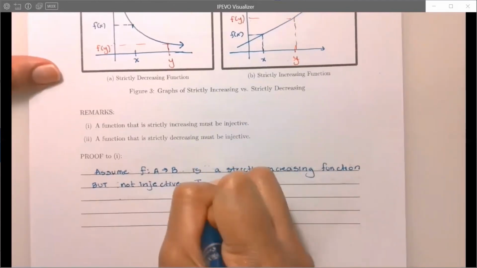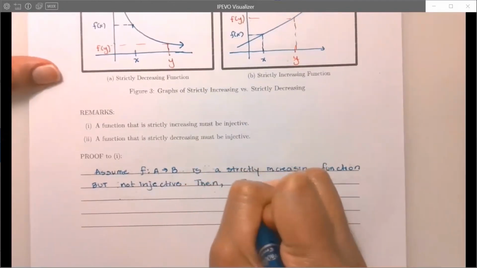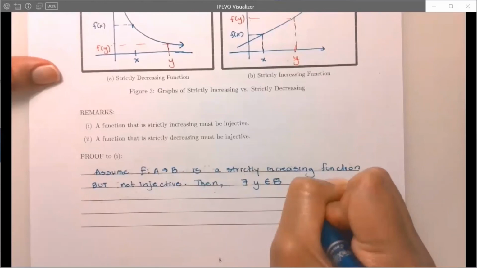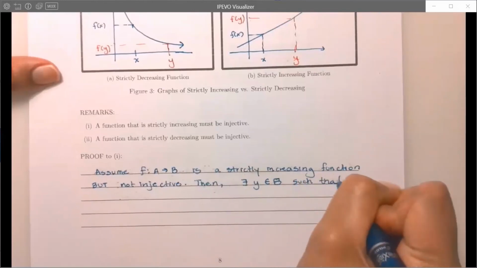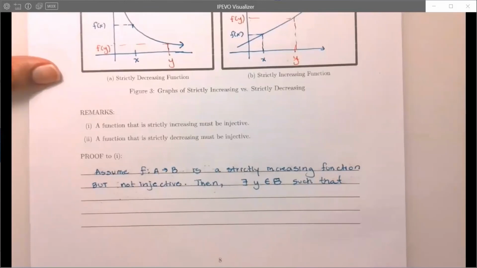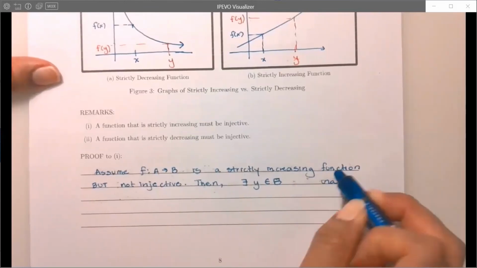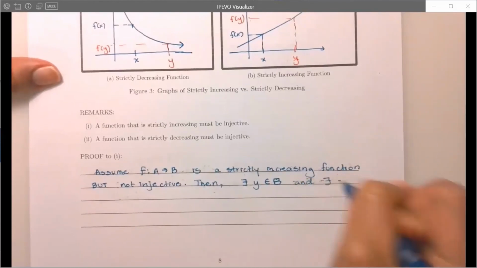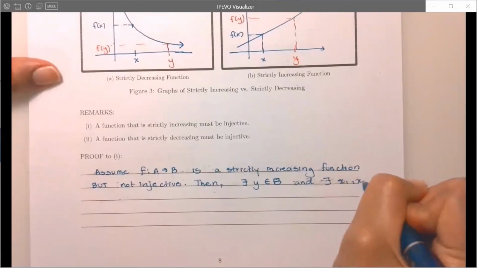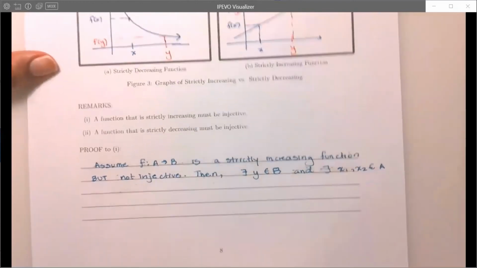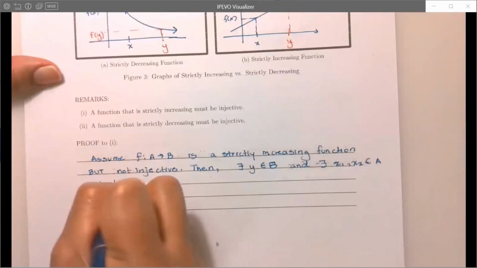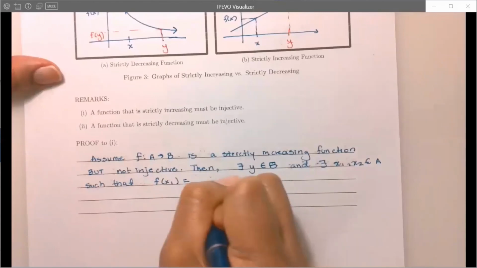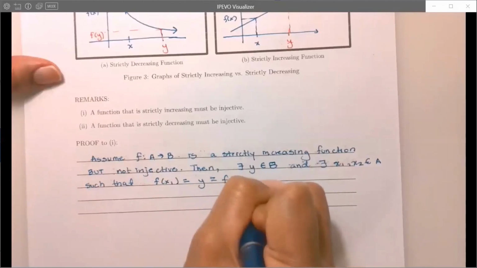So there has to exist some element, which I'll call y, in B, and there exist two elements, let's call them x1 and x2, in A, such that f of x1 is equal to y, and also f of x2 is equal to y.